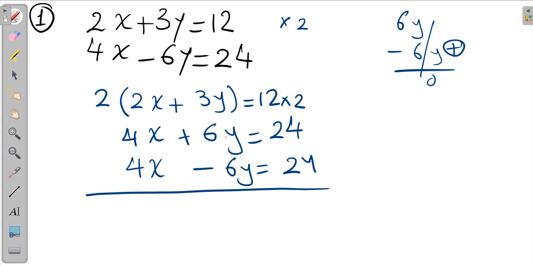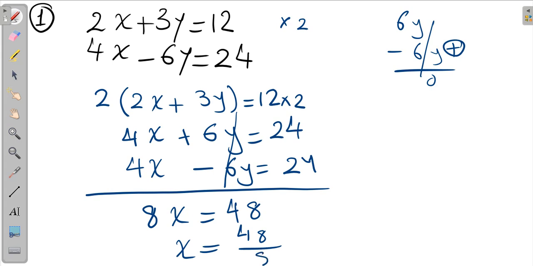You have now 6y minus 6y, they cancel each other. 4x plus 4x equal 8x. 24 plus 24 equal 48. Simply x equal 48 over 8 equal 6.